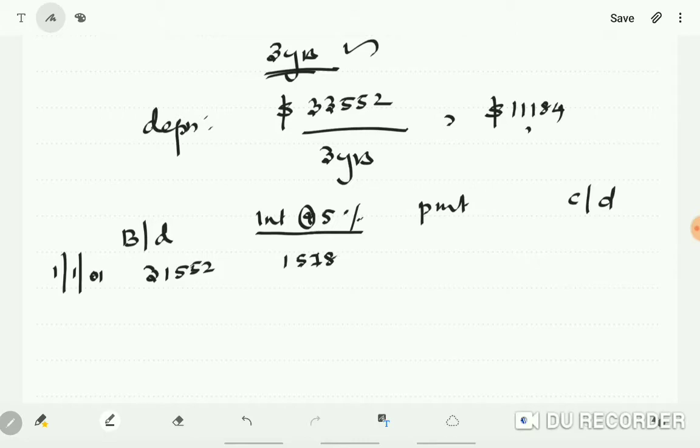The lessee will be making payment at the end of every year, so in the first year he will pay 10,000. This 10,000 includes the interest payment of 1,578, and the remaining 10,000 minus 1,578, which is 8,422, is towards the lease liability.